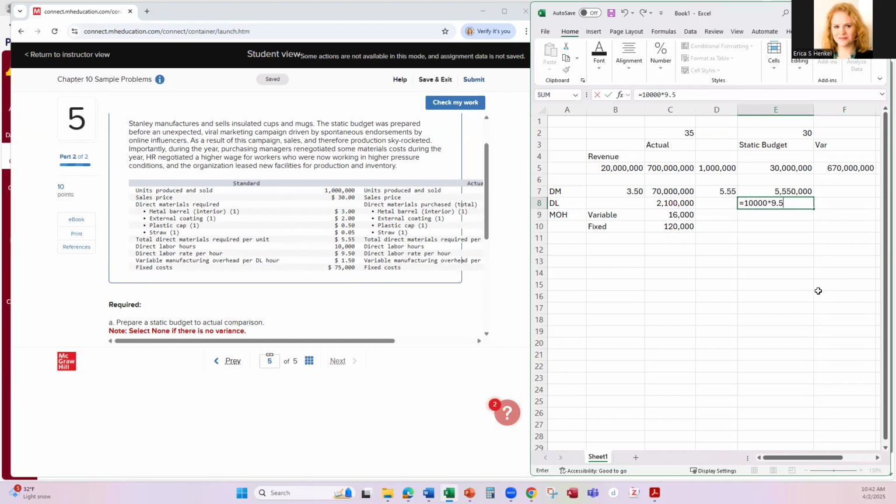Okay, so what's kind of problematic about using a static budget to actual, and just looking at your static budget variance in terms of costs? What problem do you see shaping up here? Anyone spot something that looks bad here?